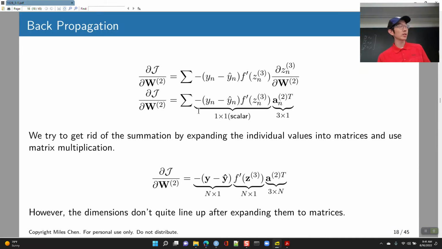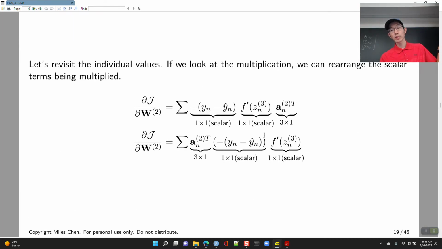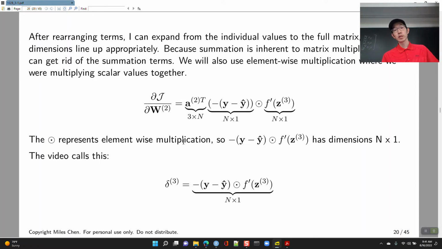If you try to just drop the n subscripts, these dimensions don't line up. But if you take a look at one of the values, you can say, okay, well, I can rearrange these terms, and then once you rearrange those terms, because these two things are exactly equal, now we can drop the subscripts, expand them, the dimensions line up, and we get the appropriate thing.